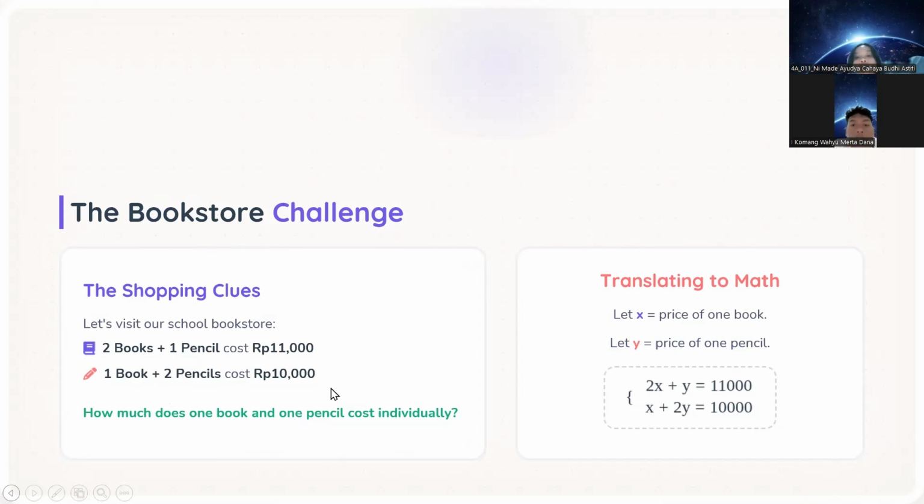So x becomes the price of one book, and y is the price of one pencil. The equations are 2 times x plus y equals 11,000, and x plus 2 times y equals 10,000.